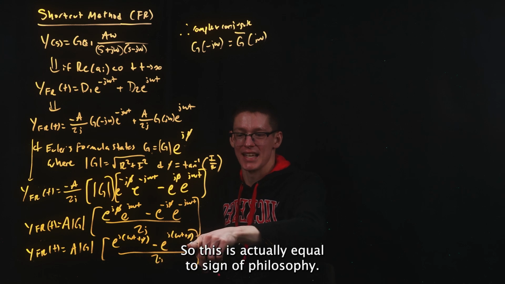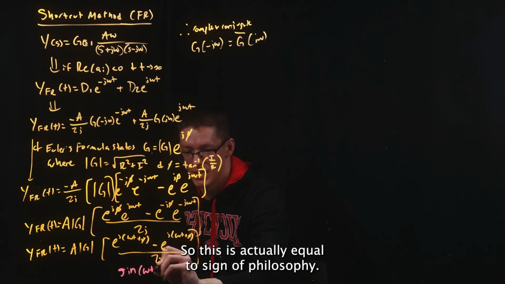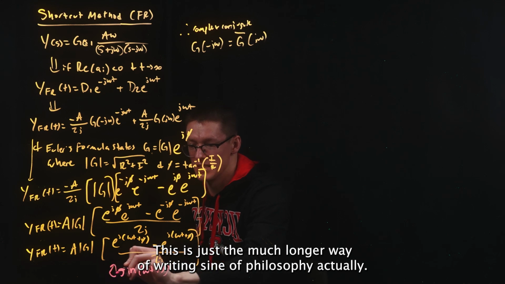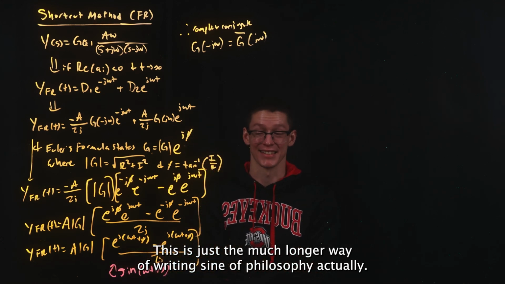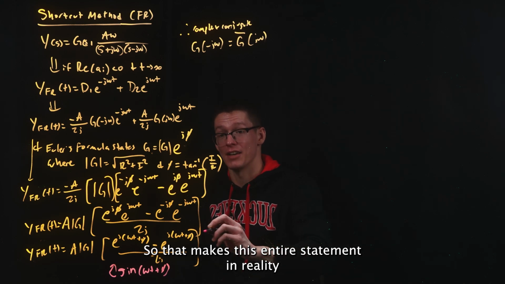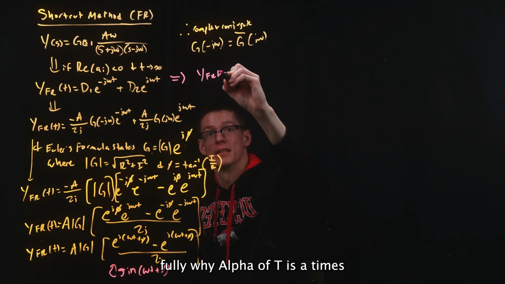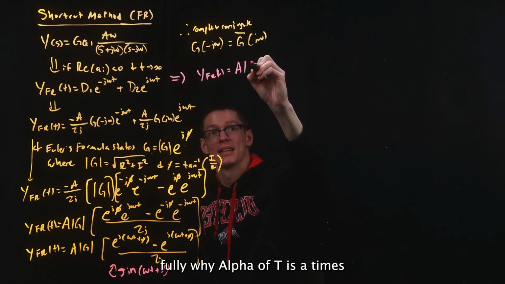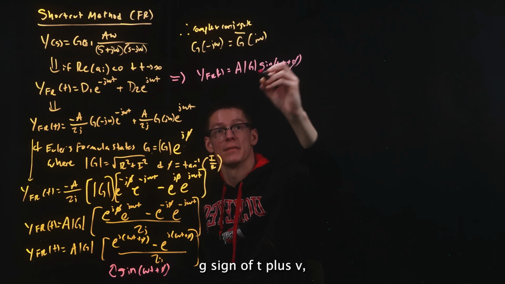So this is actually equal to sine of (ωt + φ). This is just the much longer way of writing sine of (ωt + φ). So that makes this entire statement, in reality, y_f(t) is A times g sine of (ωt + φ).